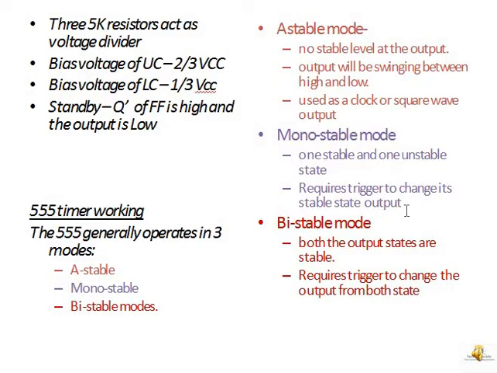The output of the monostable multivibrator remains in the quasi-stable state for a particular time period, and then it changes automatically to the stable state. The third mode of operation is bistable mode. It has two stable states and requires an external trigger for changing the output.